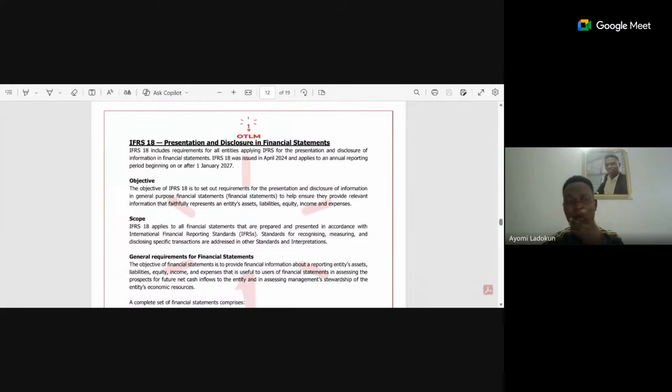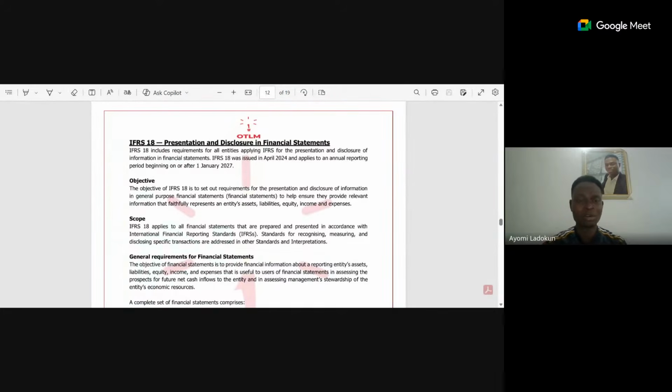But again, you have IAS 1 before now, which deals with presentation of financial statements. So now we have IFRS 18 that's going to replace IAS 1, right? So the issue now is, what is IFRS 18 bringing on board?